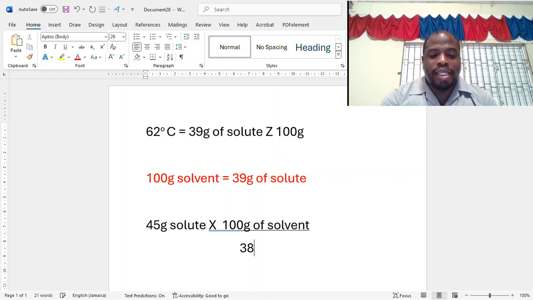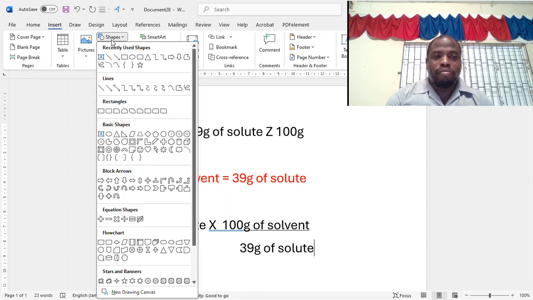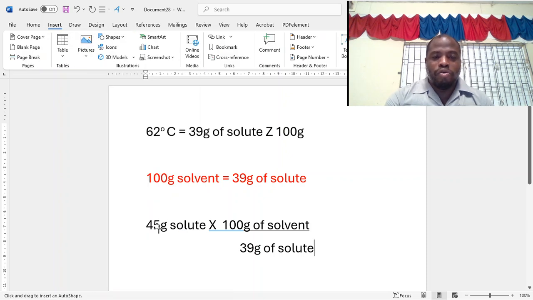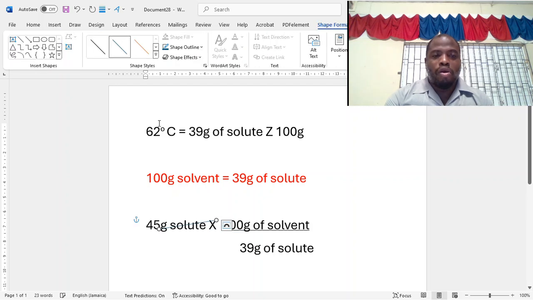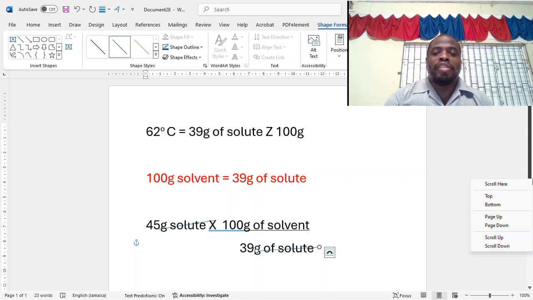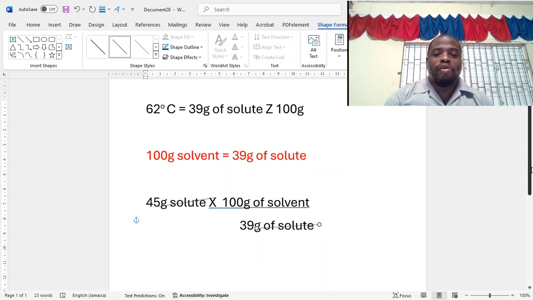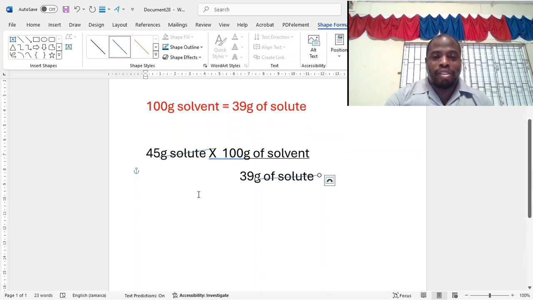So we now have 39 grams of solute. If you do that math, the grams of solute will cancel out the grams of solute here, leaving our answer in grams of solvent. And we know that solvent is what is doing the dissolving, and so it's basically answering our question.